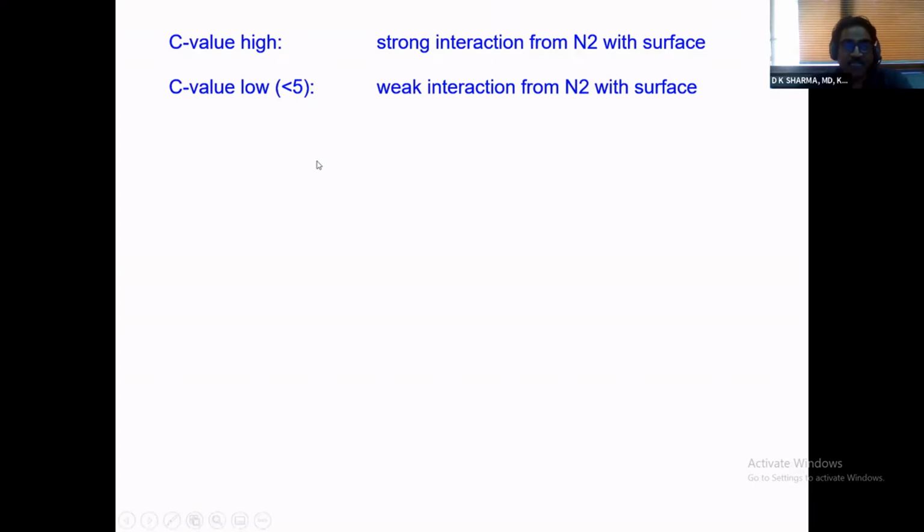But if you get a very high C value, it means there is very strong interaction of nitrogen gas with the surface, and a low value means weak interaction of nitrogen with the surface. A negative value means the interaction between nitrogen and surface is less than the interaction between nitrogen and nitrogen molecules. So no adsorption can take place there.